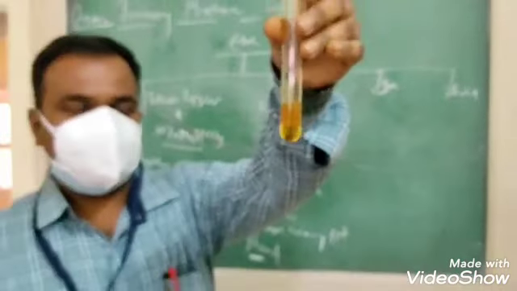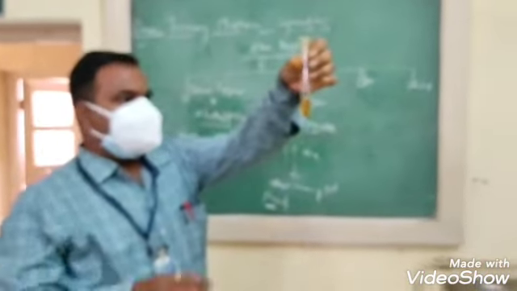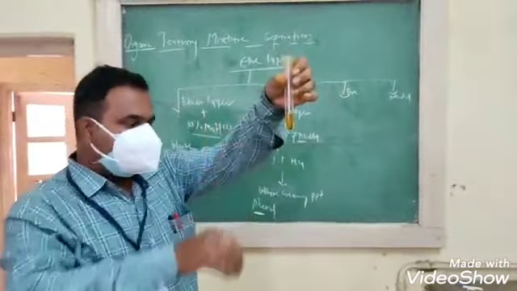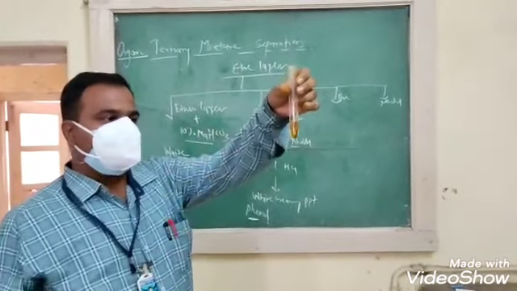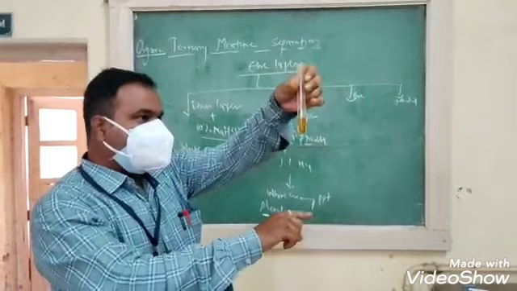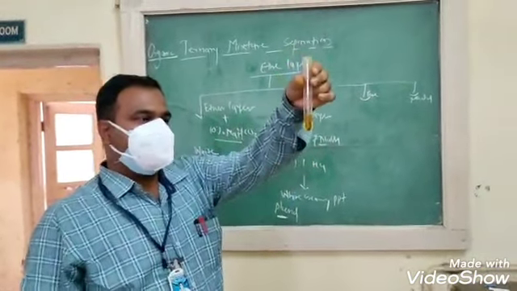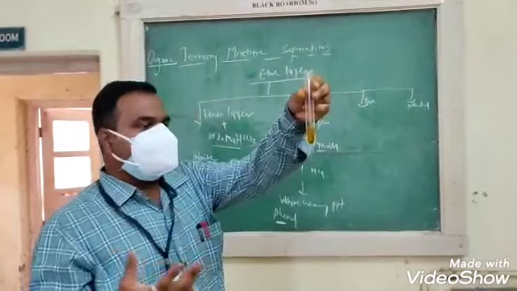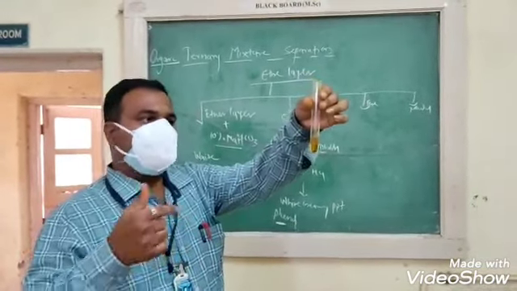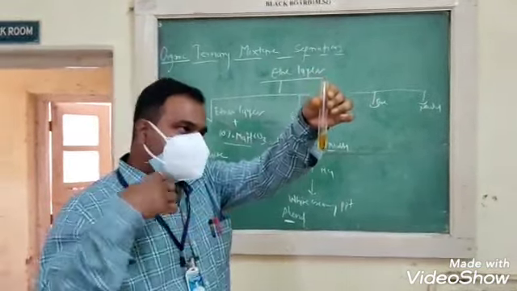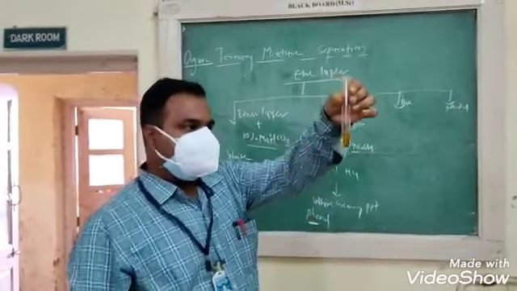Now if the given mixture contains a base, that base dissolves into the HCl, and that dissolved base is present in this aqueous phase. If base is not present, then the remaining neutral component is present in the ether layer.